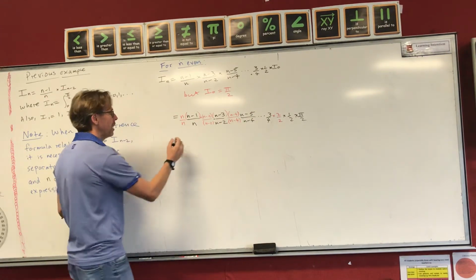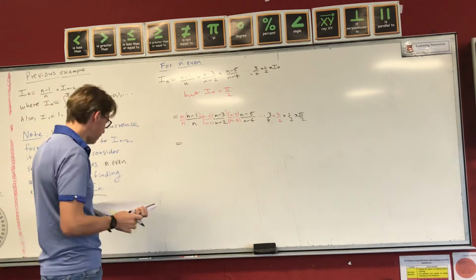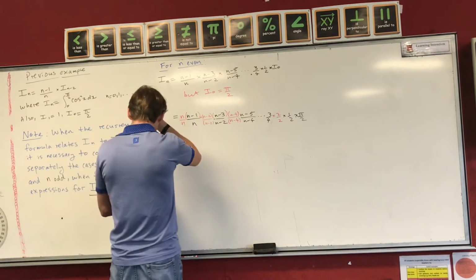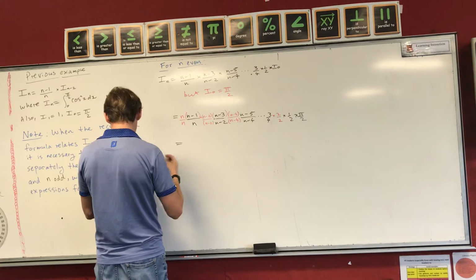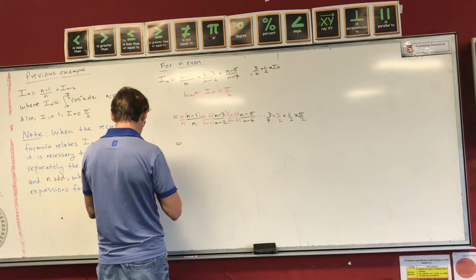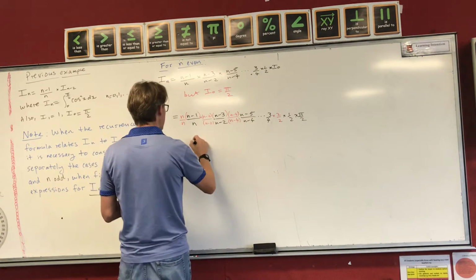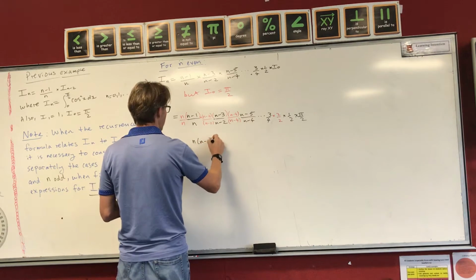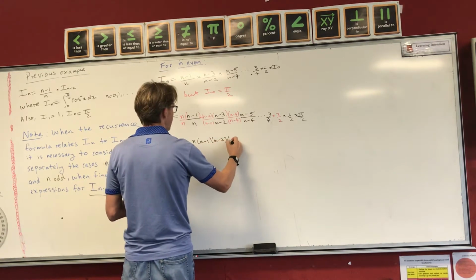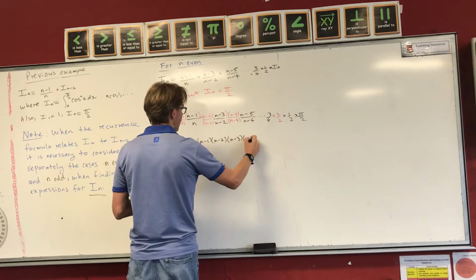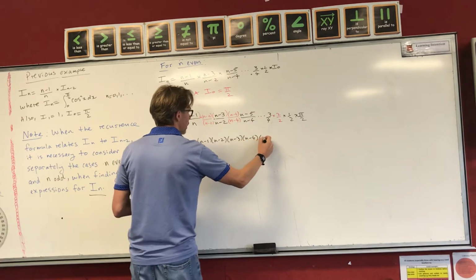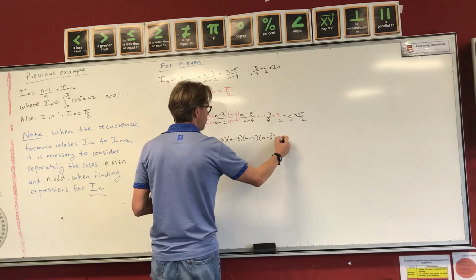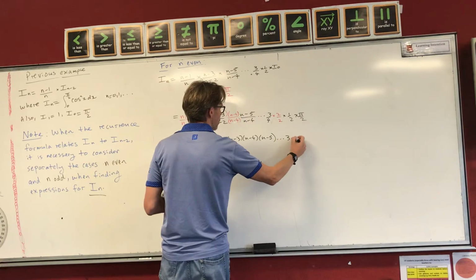Alright? So let's see if we can simplify that a little bit. Actually, I'm just going to write this out again. N minus 1, n minus 2, n minus 3, n minus 4, n minus 5. So I'm just going to put the factorial in there.